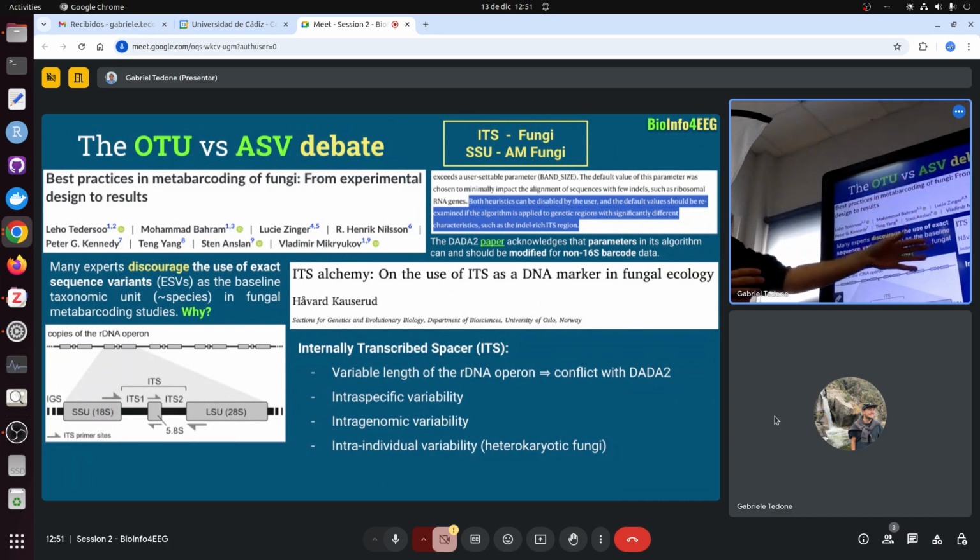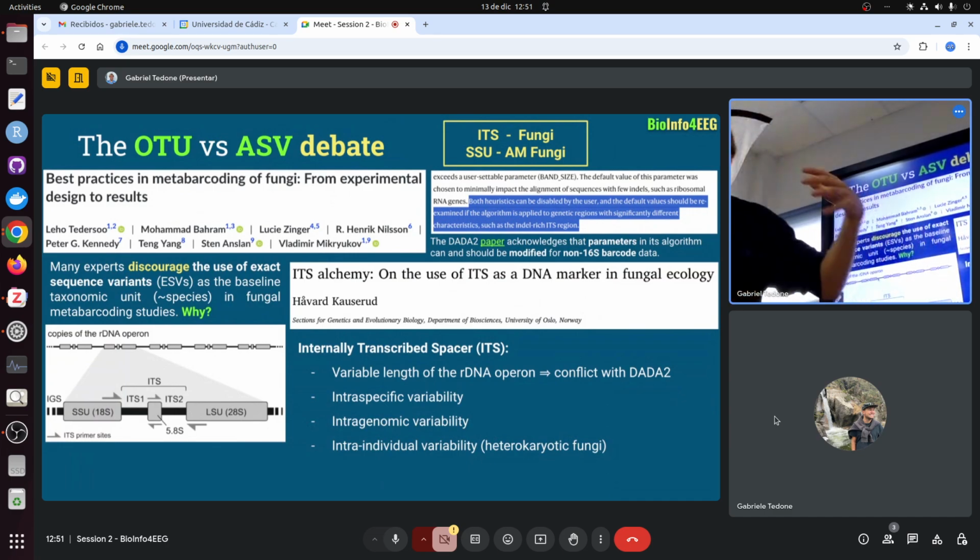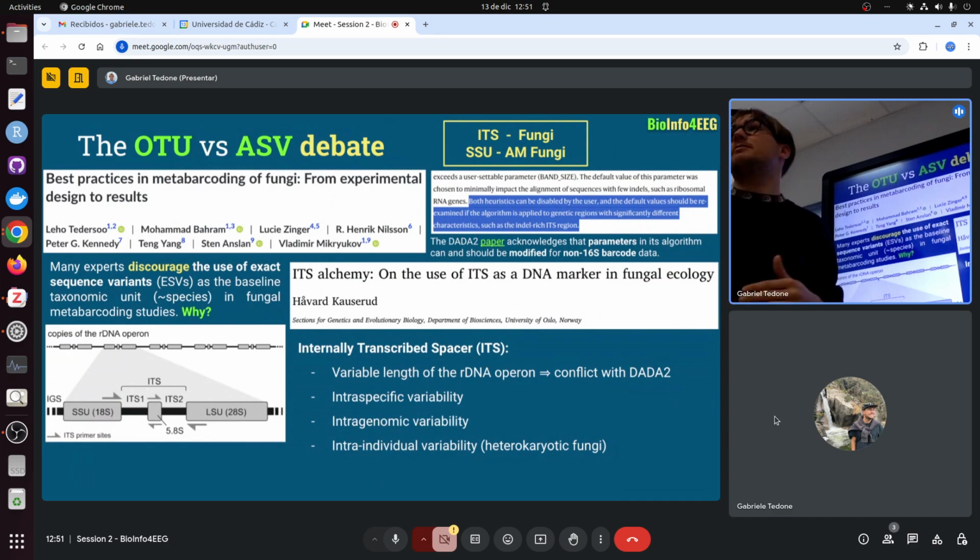So they say, for example, in this paper, you can use denoising, but then you have to cluster, because ASVs will not be equivalent to fungal species. They represent higher taxonomic resolution than what we need with the use of ITS.